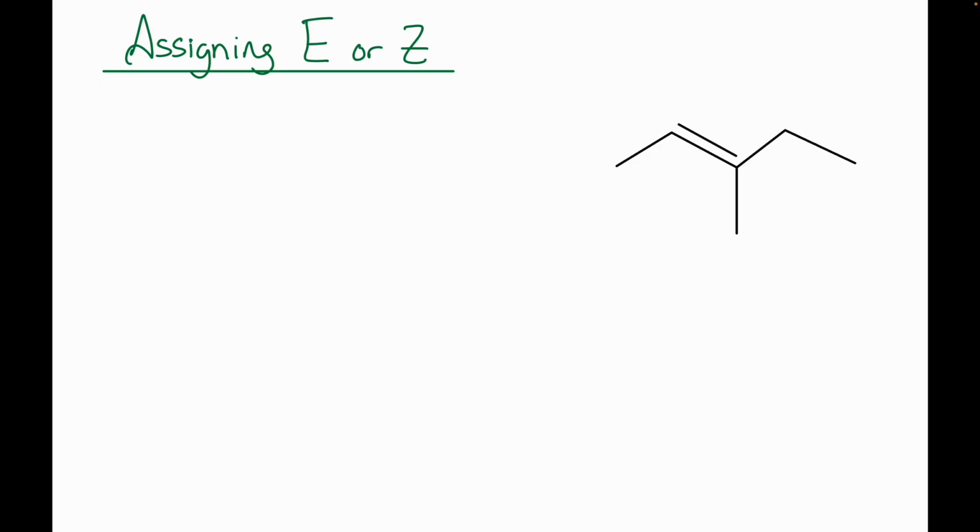Let's note that this molecule does have stereochemistry. This carbon is bound to a hydrogen and a methyl group. Those aren't identical. This carbon is bound to a methyl group and an ethyl group. Those aren't identical.